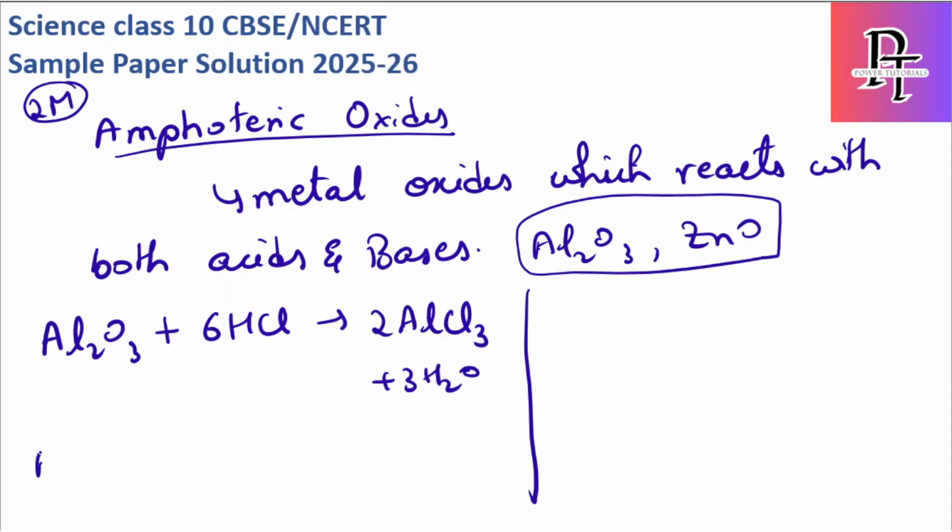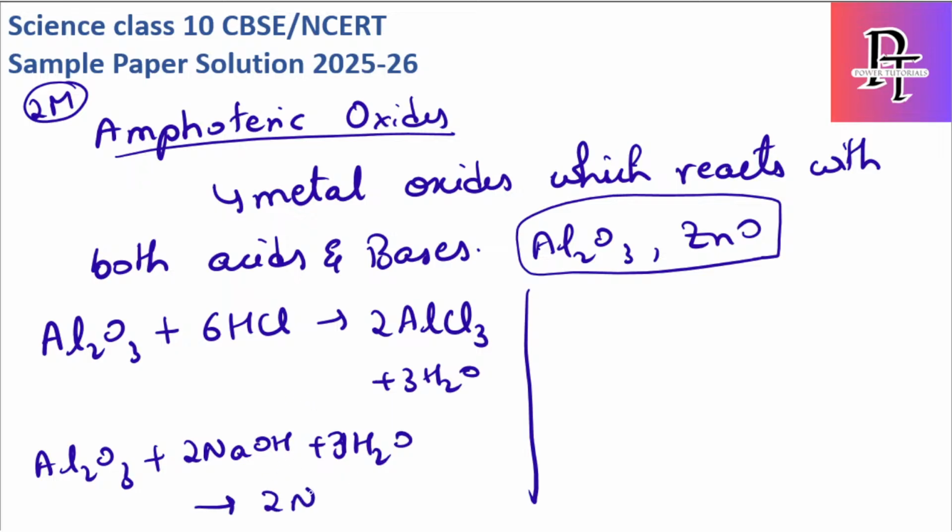Or the same way, if aluminum oxide reacts with NaOH, which is a strong base, it forms sodium aluminate.